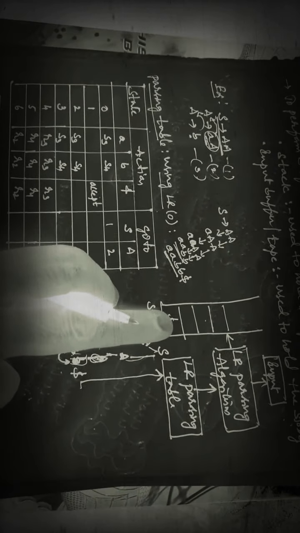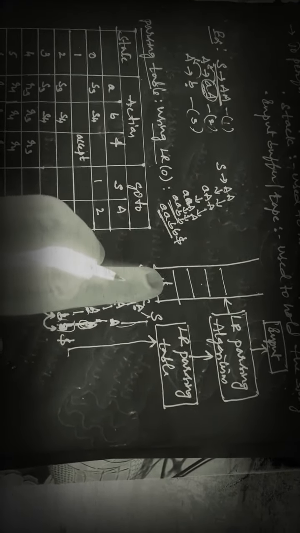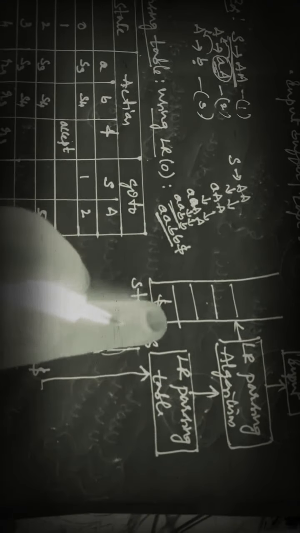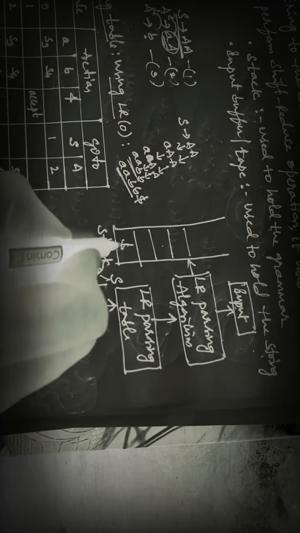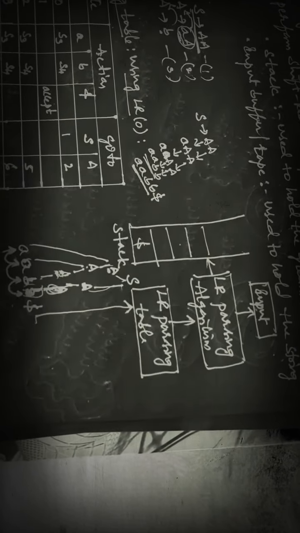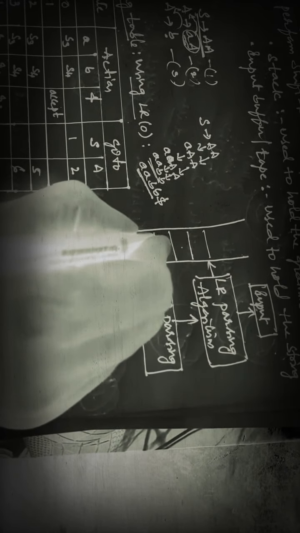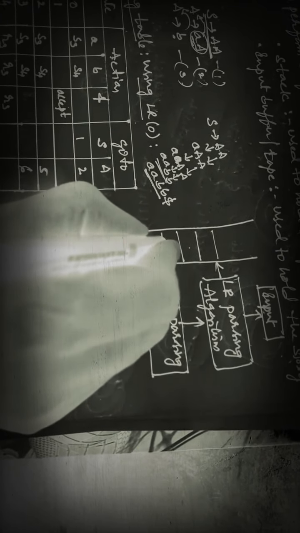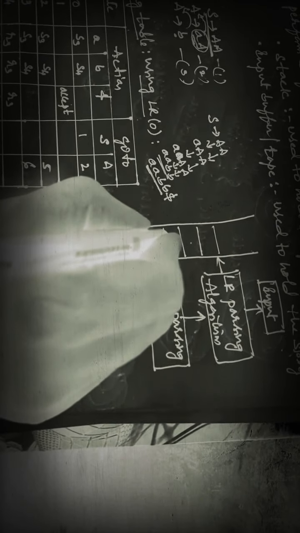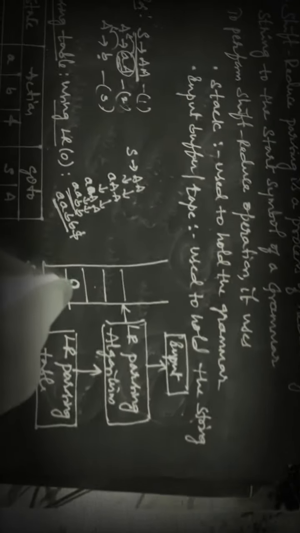When the stack is empty, it is represented only by the dollar that is present at the bottom of the stack. After this dollar, before scanning any input symbol, it will shift the start state, or initial state, or the first state.